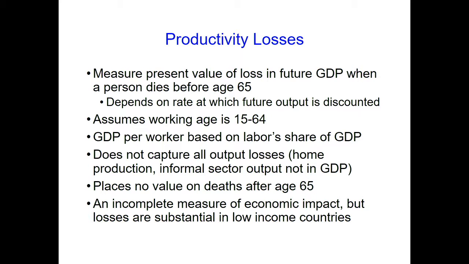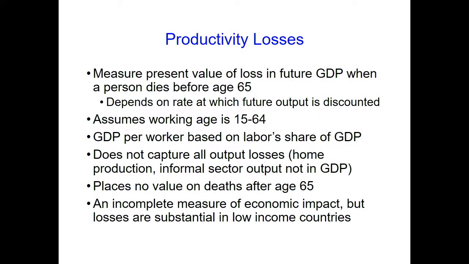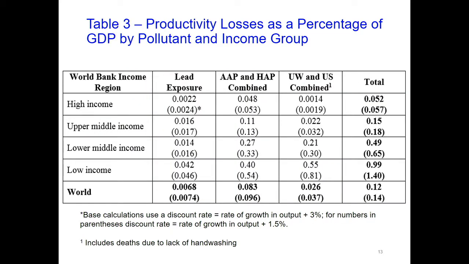So, I'm probably at the end of my time, so I'm just going to say one thing about the next slide. And that is when we look at the damages, or the productivity losses rather, in low-income countries, they are still substantial as a percentage of GDP. So this is showing you, once again, by pollutant category and World Bank income group, the percent of GDP lost due to that pollution category for the year 2013.